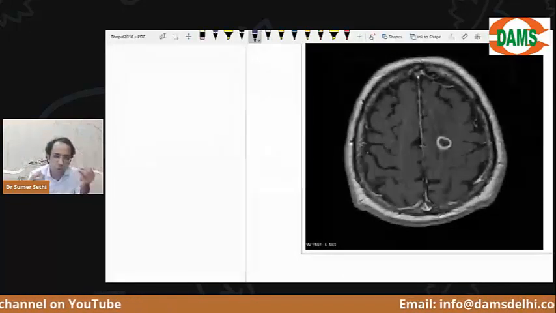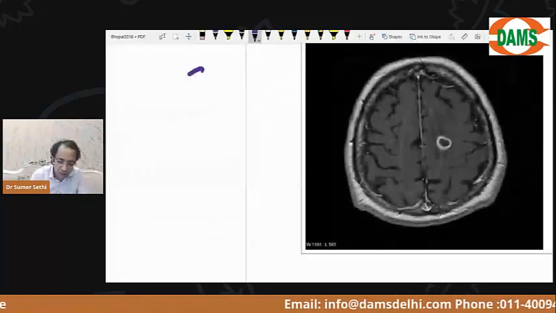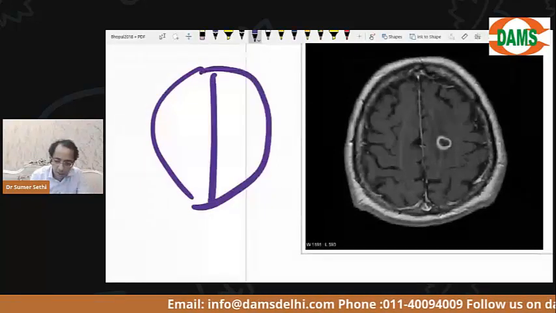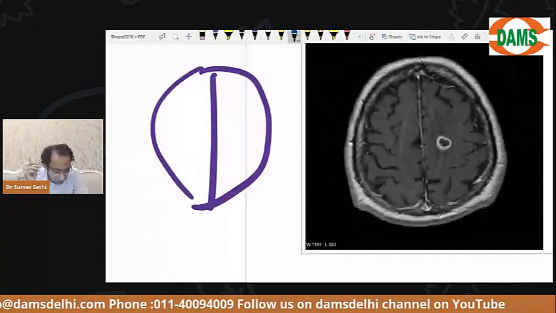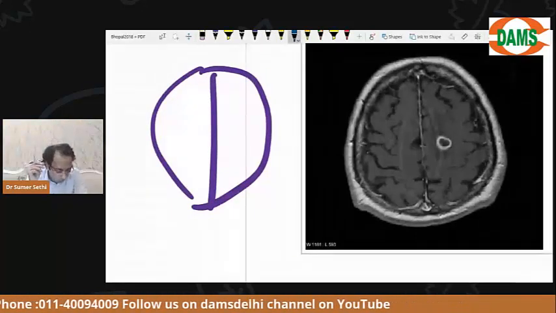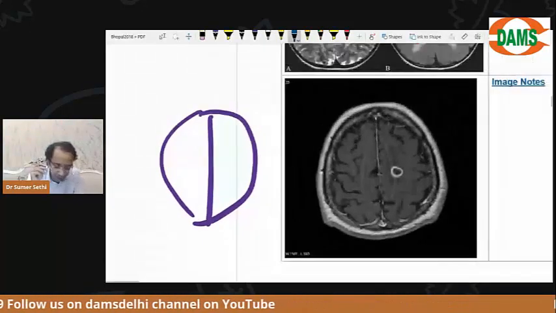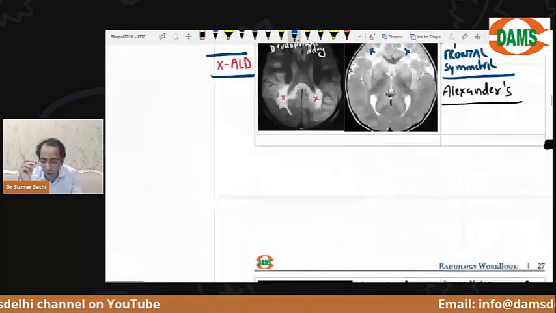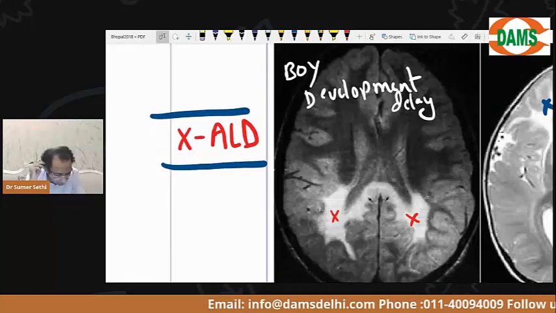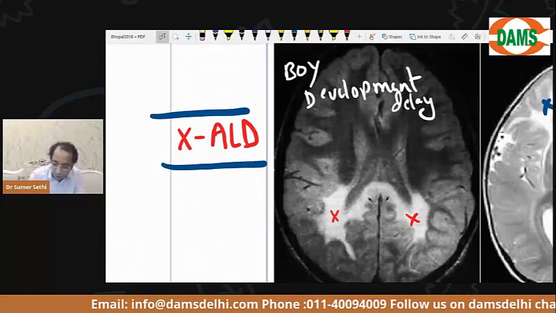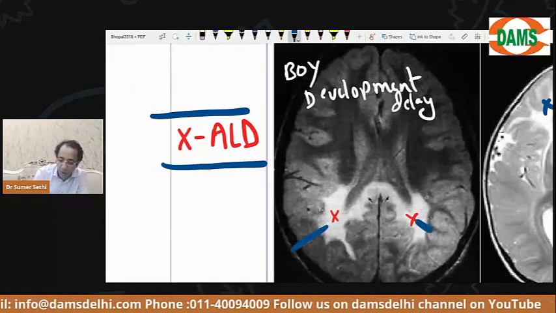This one was adrenoleukodystrophy. Posterior involvement is the key in adrenoleukodystrophy.